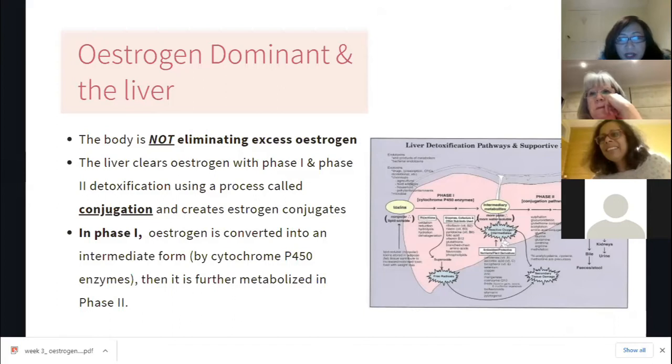The first part is called phase 1 detoxification, and in this phase the cytochrome enzymes convert estrogen into what they call an intermediate metabolite. So it converts it into this form, which is sitting there hanging around waiting for something else to come along and take it somewhere else further down the factory.